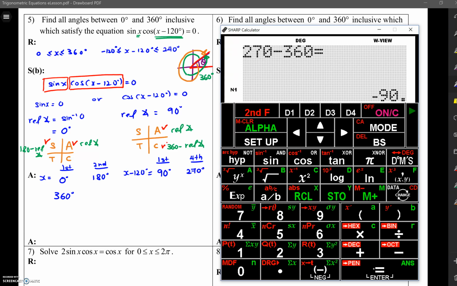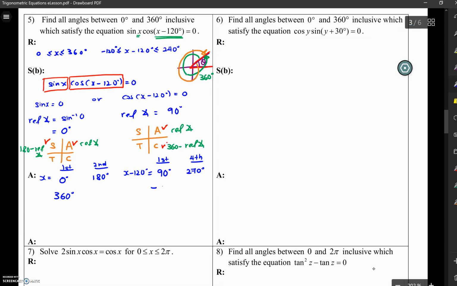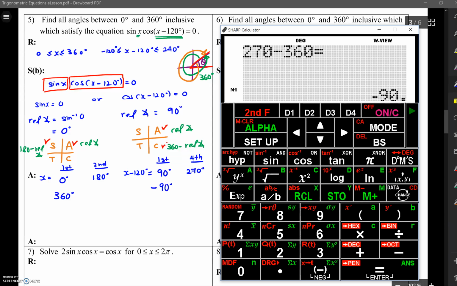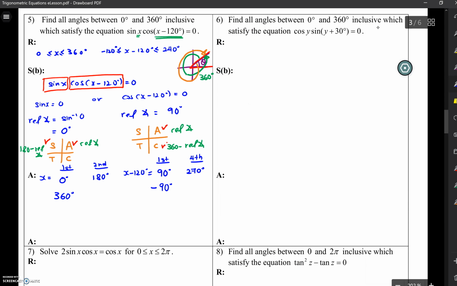So therefore, one of the answers is negative 90 degrees. Next, let's consider the forward cycle. It will be plus 360 and you will get 630, which is obviously out of the range. So here I will have just these three answers for x minus 120 degrees.